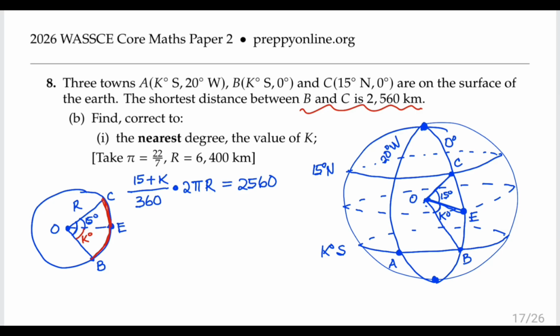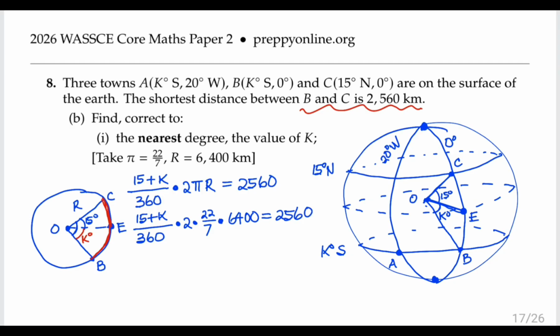From here, we can do some substitutions. We substitute a value for pi and a value for R. So we get 15 plus k over 360 times 2 times pi, which is 22 over 7, times R, which is 6,400, is equal to 2,560.